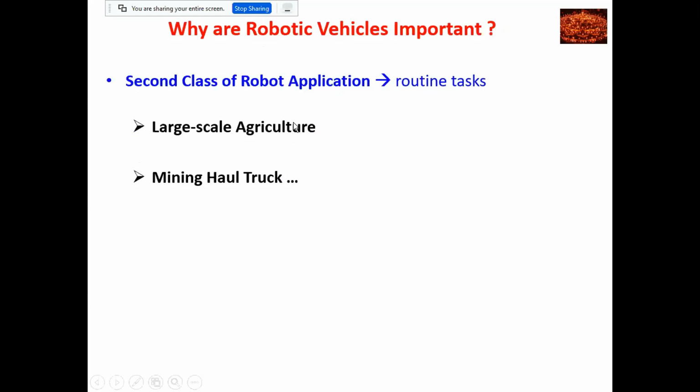That time robot is best. Then mining haul trucks, insect killing machines, environmental monitoring devices, and large manufacturing concerns transporting components and sub-assemblies from one place to another. That comes under the second class of robot application, meaning routine task.